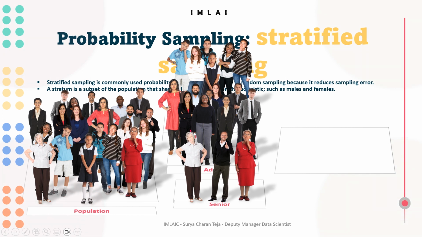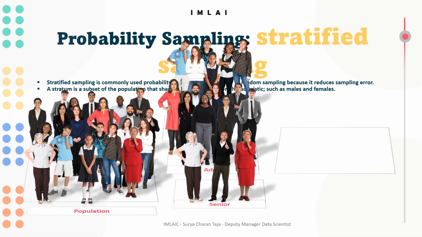Once you have made strata, now it's time to take the random sampling. But how do you take the random sampling? Once stratification is done, we have to select a sample from each subgroup in proportion to its size in the population.